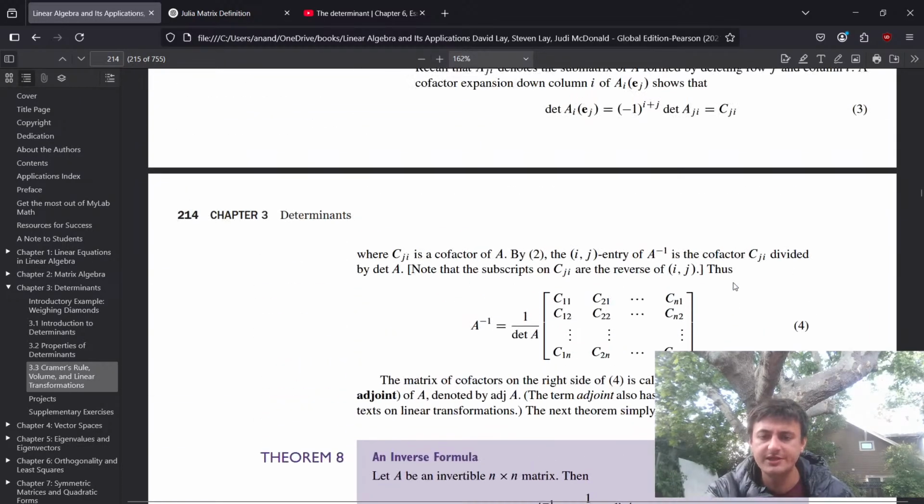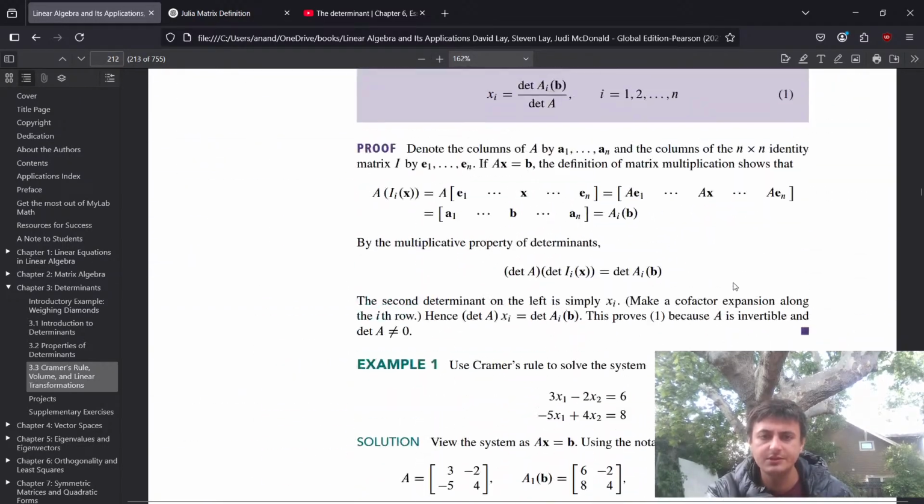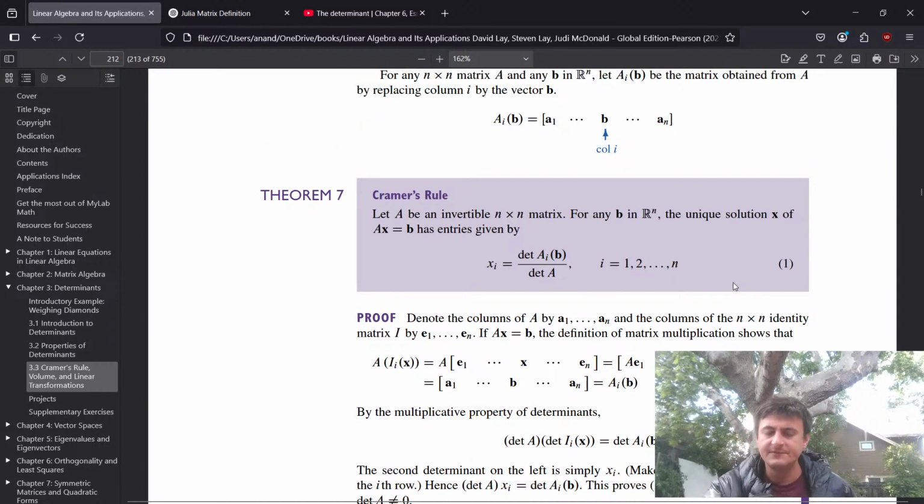All right, let me just write down the theorems. But this is wild.